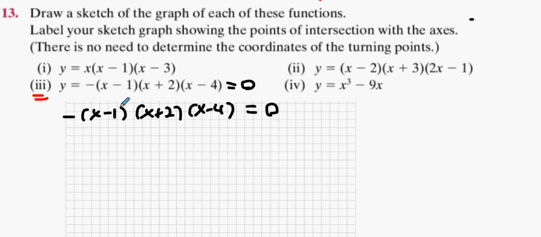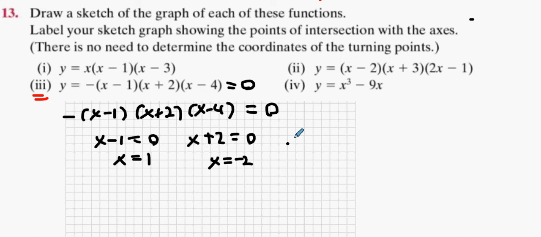You can multiply in the minus or just ignore it, whatever you want to do. I think it will mean x minus 1 equals 0, x equals 1, x plus 2 equals 0, x equals minus 2. And finally, what's the next part? X equals 4. Are you okay with that?